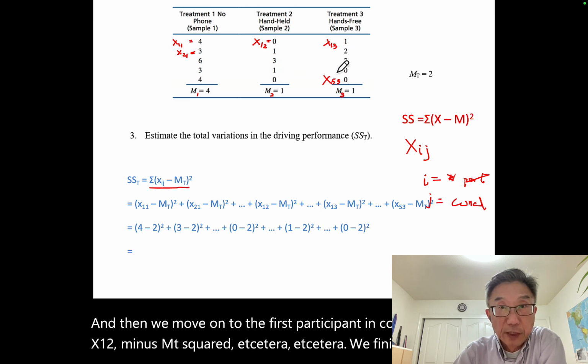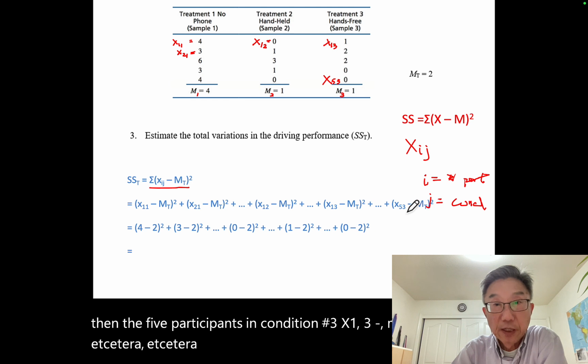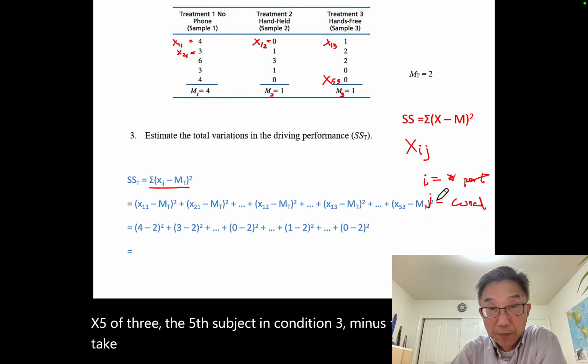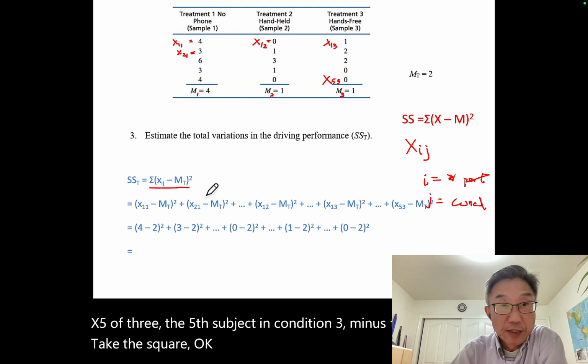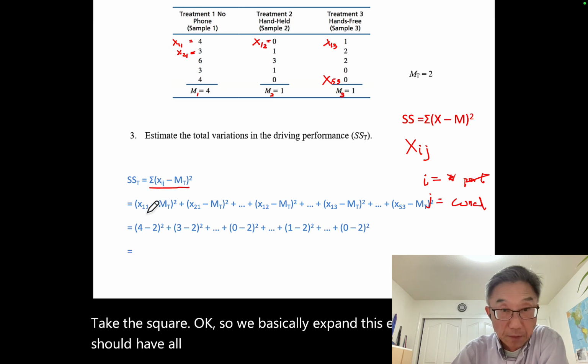And then the 5 participants in condition number 3. So x13 minus m of t squared plus, etc. Last participant, x53, the fifth subject in condition 3, minus the grand mean, take the square. So we basically expand this equation, and you should have all 15 of them.